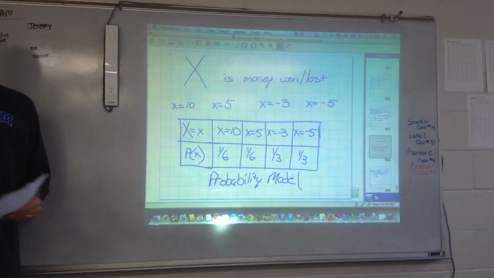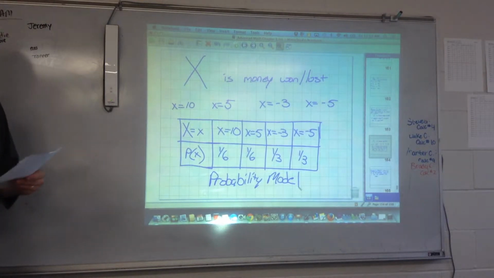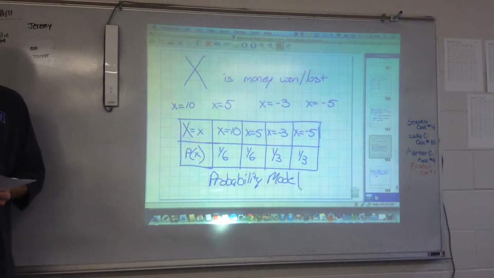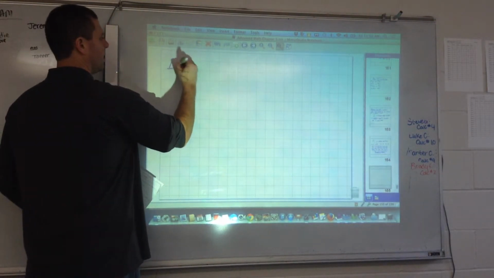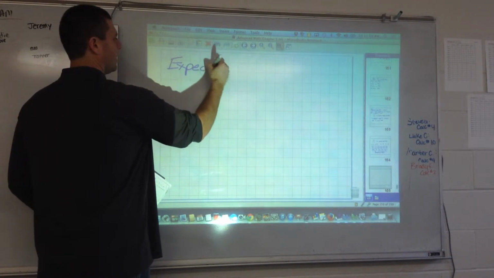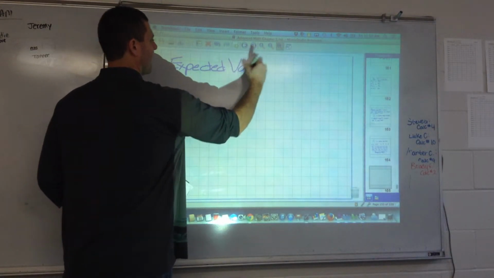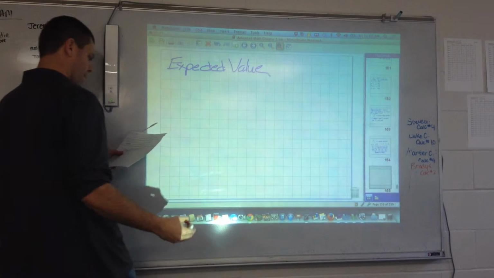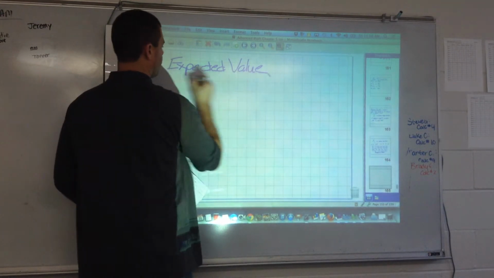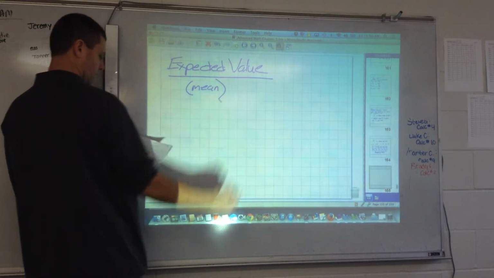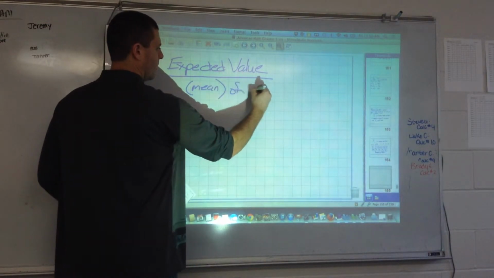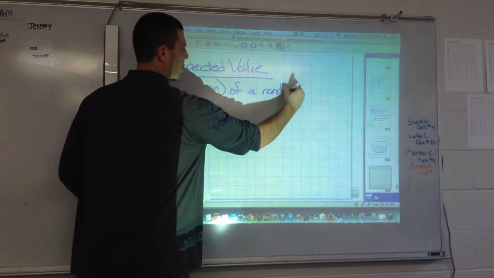What you're going to find next is going to help you determine whether or not it was a smart game to play or not. Okay? You are going to be finding the expected value, also called the mean, of a random variable.